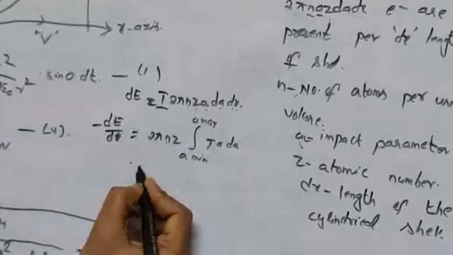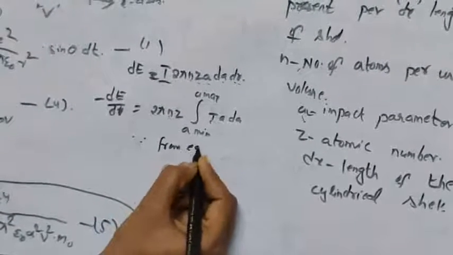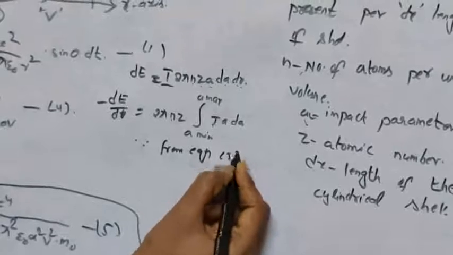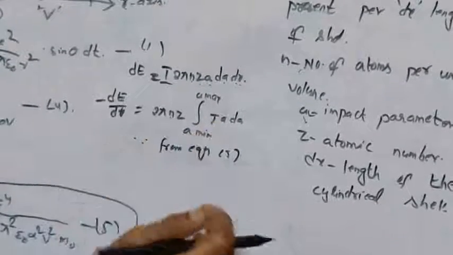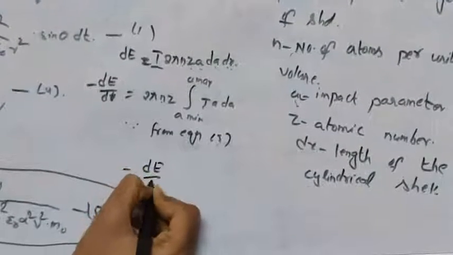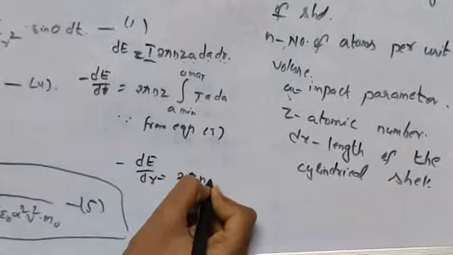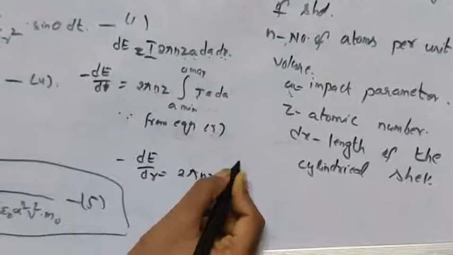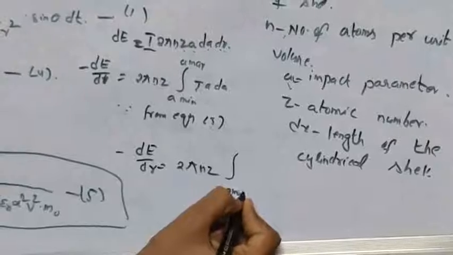So since from equation 5 we know the value of T, substituting the T value in this equation, what will you get? Minus dE by dx is equal to 2 pi N Z integral from A minimum to A maximum.